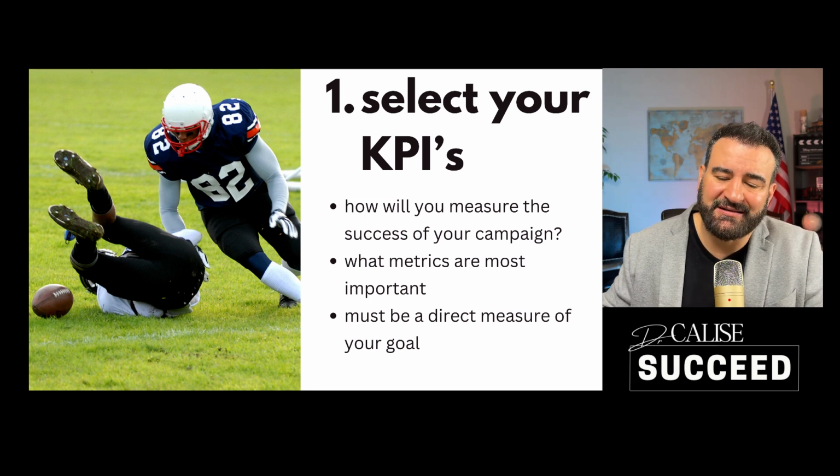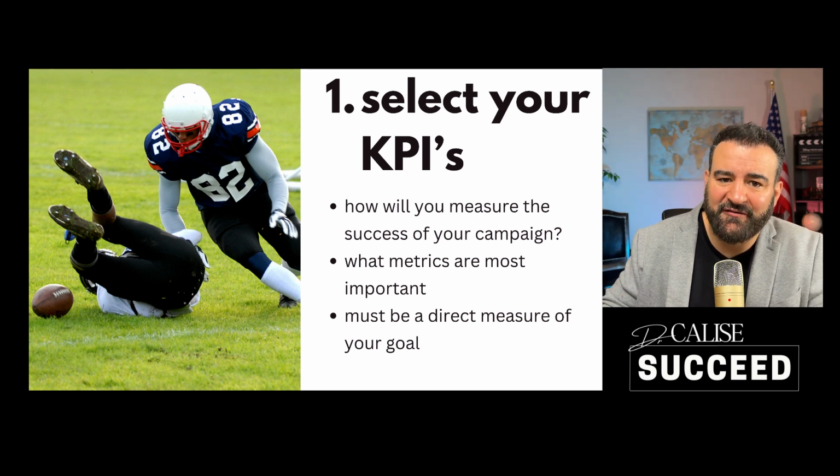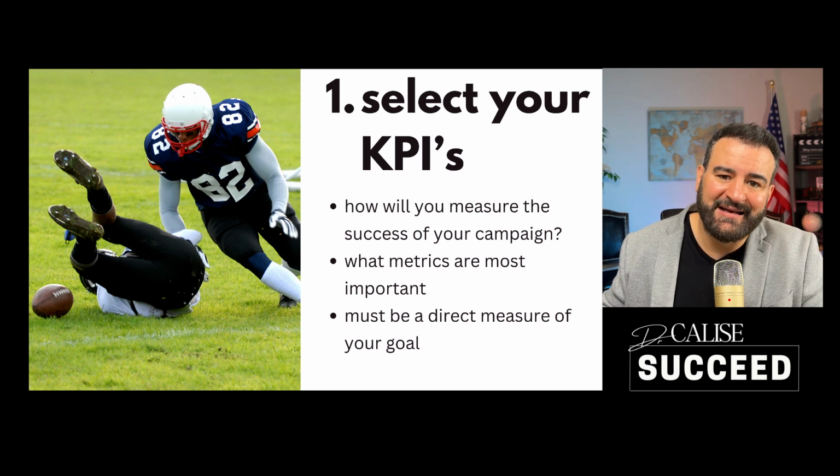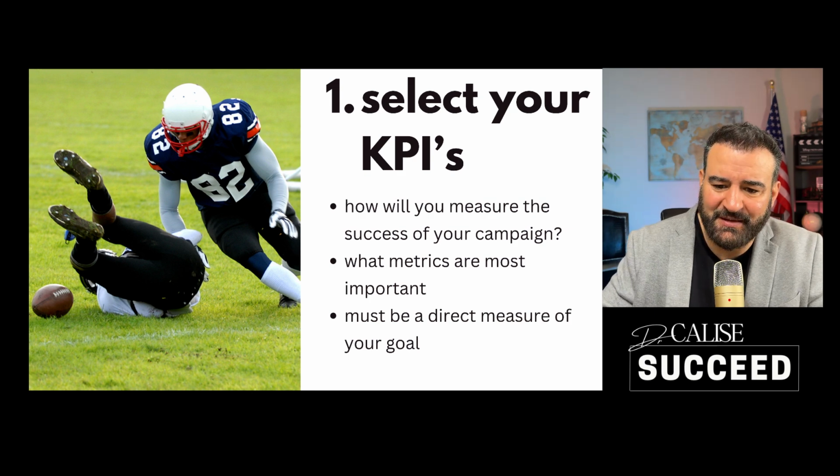And you're going to make sure that these are aligned with the goal of the campaign so everything is in sync, right? Make sure you have your business scorecard. Make sure you have your campaign scorecard. When the game is over, when the campaign is over, now you can look at your key performance indicators to see if you actually won the game or if you lost the game, you need to go back to the drawing board.